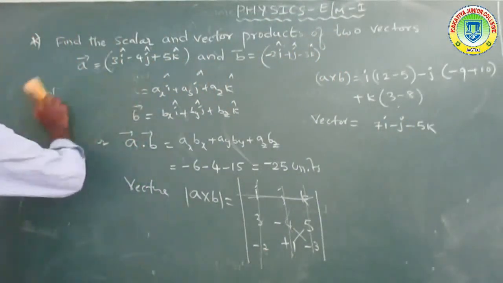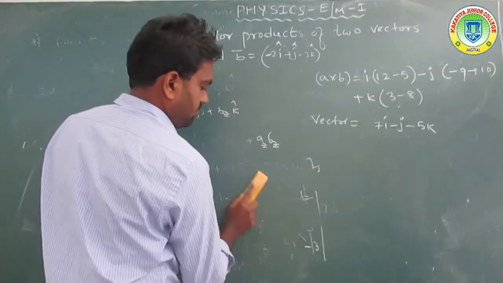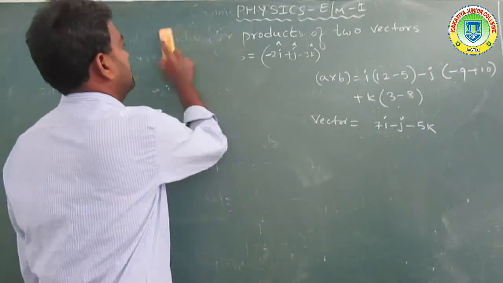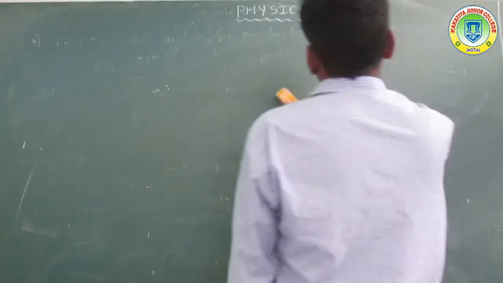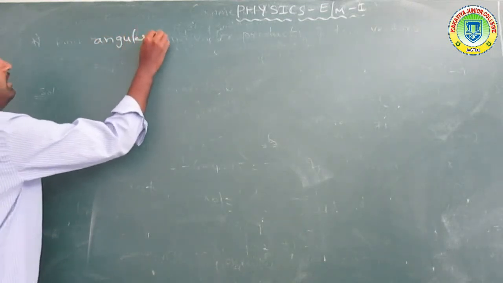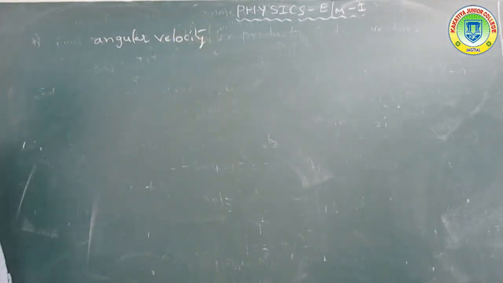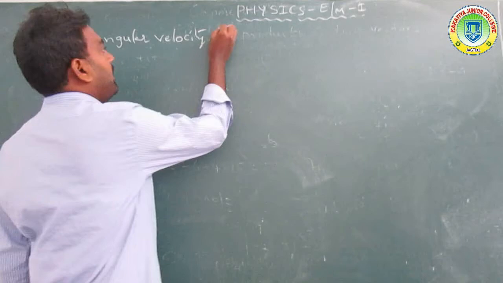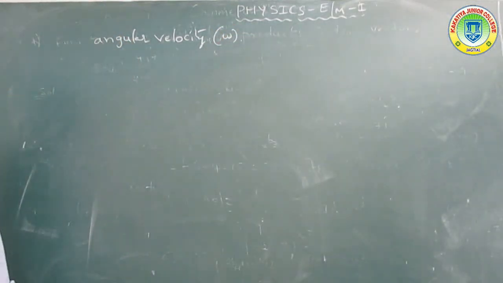Right. So the next topic is angular velocity. First of all, what is angular velocity? Angular velocity is denoted by omega.